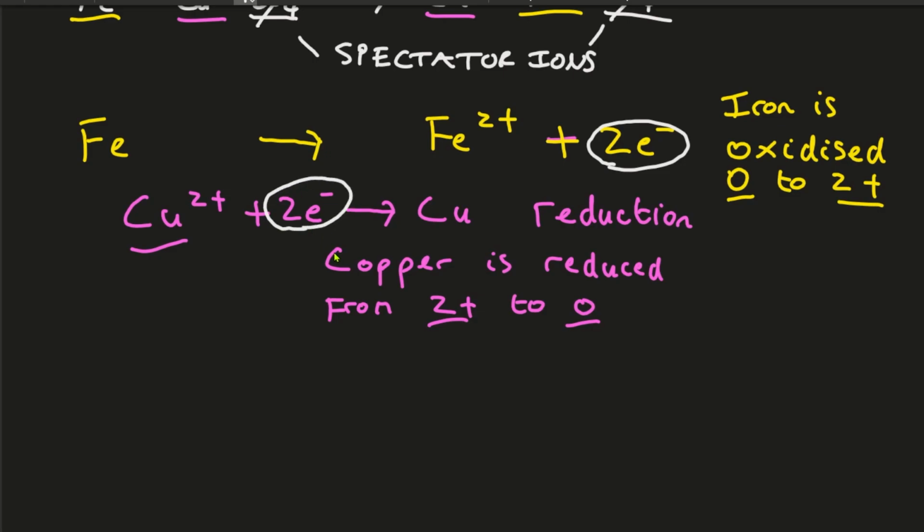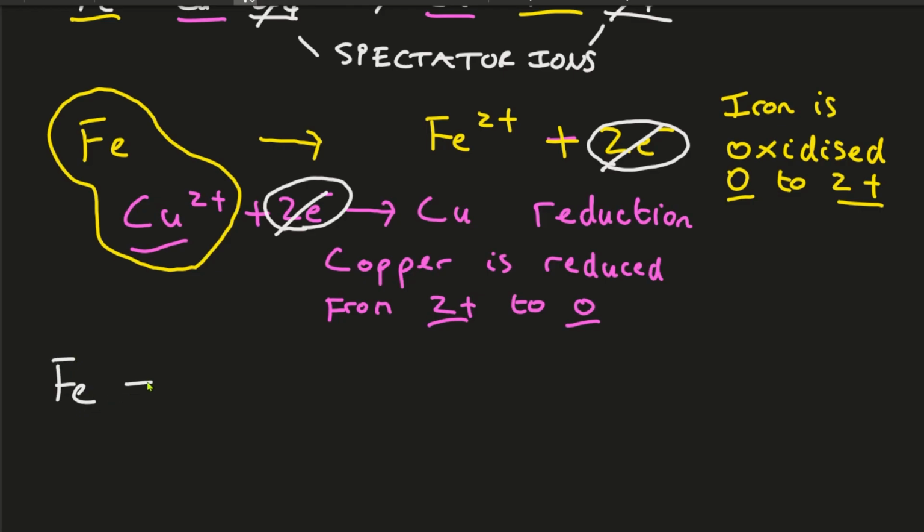So in effect, these 2 cancel out, because if they're being lost on one side, they're being gained by another. And so what you're left with on your left hand side is your Fe and your Cu2+, so let's put that down: Fe plus Cu2+, and that becomes whatever's on the right hand side.